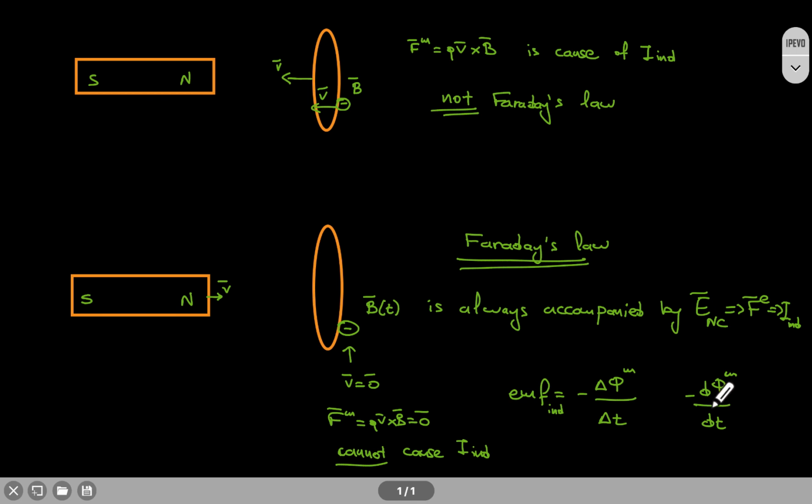And this, the negative rate of change of magnetic flux, will give you the induced EMF. This is Faraday's law. The physical origin of the induced current here is the non-Coulomb electric field, and you can find the induced EMF by finding minus the rate of change of the magnetic flux as a function of time.